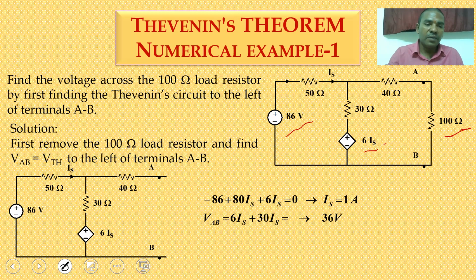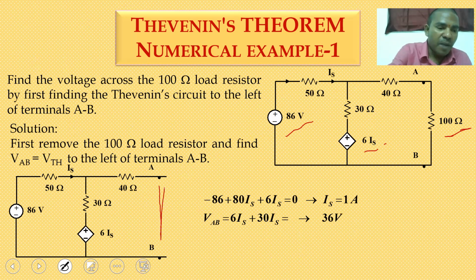Okay. So now between the points you are calculating. So this value VAB is the same as VOC, the same as VTH only. So I am going for the application of KVL in this loop. So here minus 86 plus 50 Is plus 30 Is plus 6 Is is equal to 0.